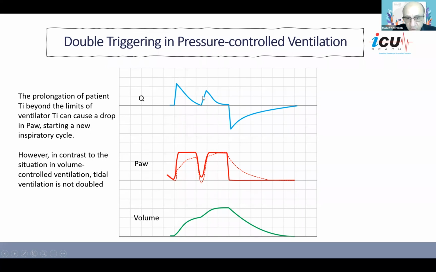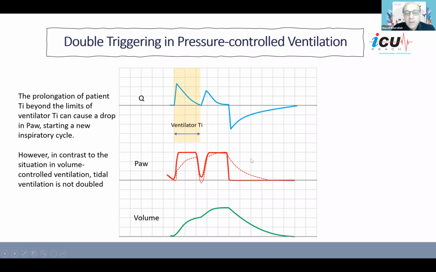You can see that the flow is lower than the first one, and the tidal volume is lower. Again, this is based on the equation of motion. In the equation of motion, you already have tidal volume on the right side. So given the same pressure again, it's going to result in a minimal or low tidal volume that is stacked above the first one. So there's a stacking, but for less tidal volume compared to volume control mode of ventilation.